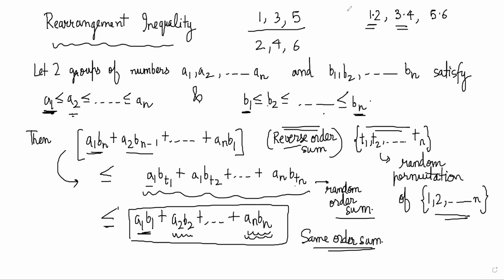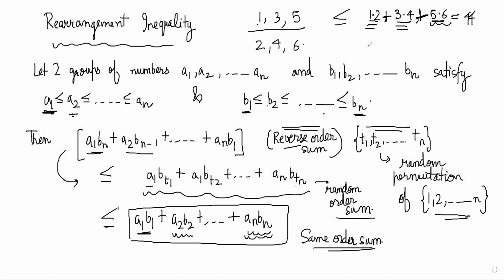Why? Because this plus this plus this, when you are multiplying the largest elements from each of these sequences, the magnitude is enhanced a lot, right? So here it is 30 plus 12 plus 2, which is basically 44, whereas the smallest possible sum would be the reverse order sum.